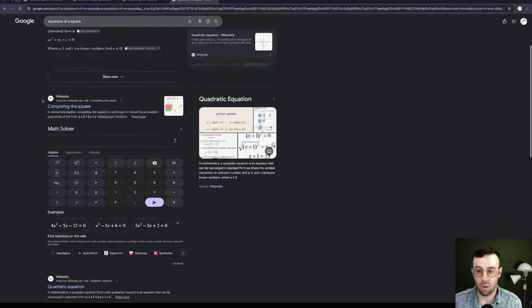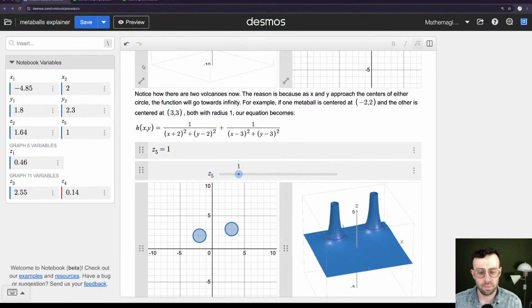Yeah, that's not what I want. Let me find. I think I could do this. I think I have Argman's equations of squares, and we can maybe find a good one to use. Potentially.